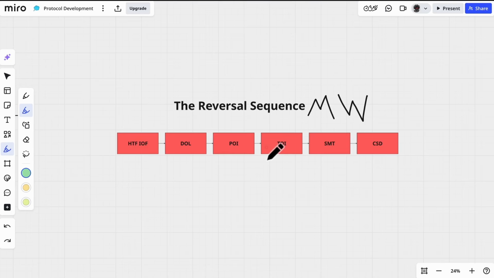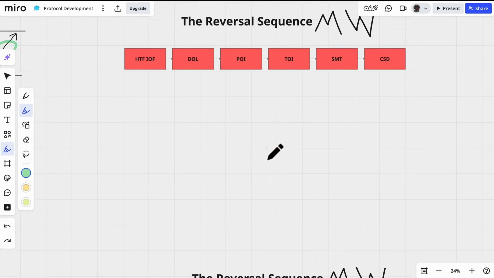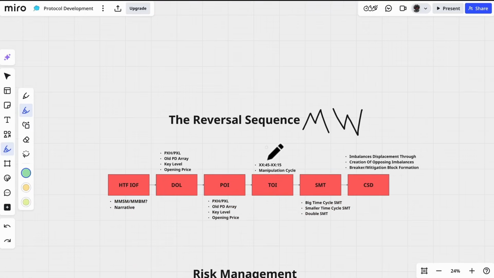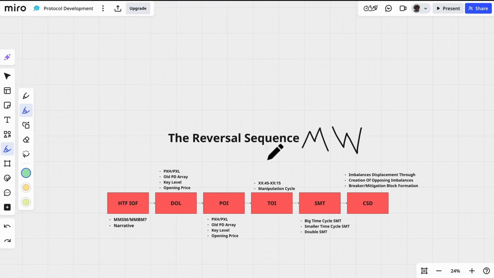Now, with that being said, I'm going to move lower towards the substeps as well. So here you can see the reversal sequence, but then with the substeps as well. And what I would like you to see is that the higher time frame institutional order flow begins with the following. First of all, we must define whether or not there's a market maker sell model or market maker buy model in play.